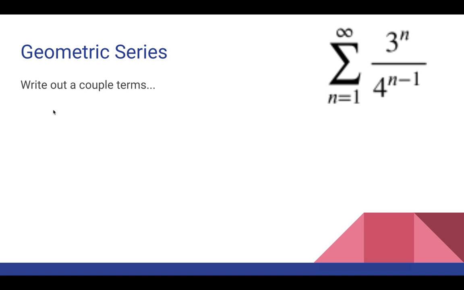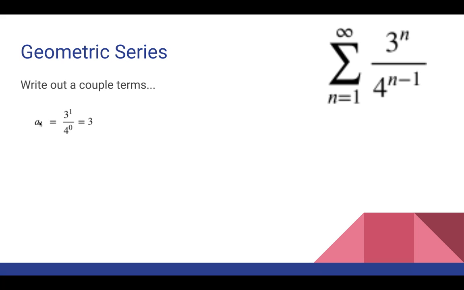So the definition of a geometric series is that each consecutive term is multiplied by the same common ratio. If we write out a couple terms, we can figure out whether or not this is geometric, and if it is, we can find the common ratio.